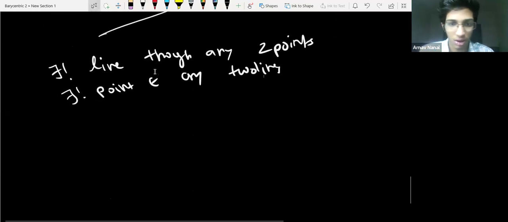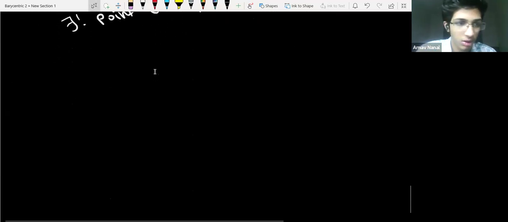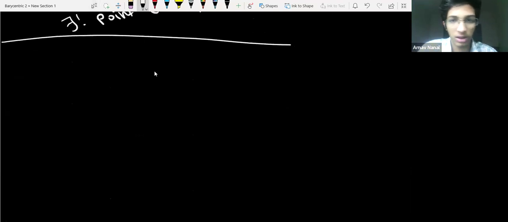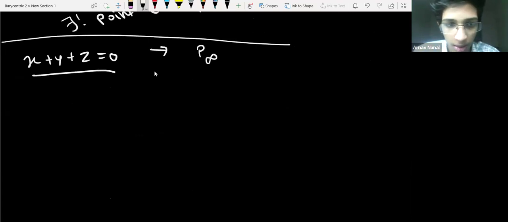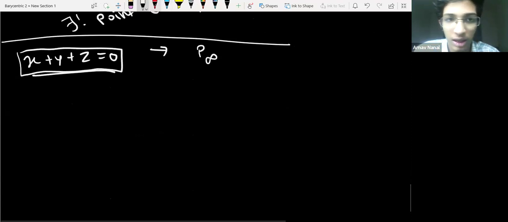So now I'll define this in the sense of barycentric coordinates. In this system, x plus y plus z equal to 0 you define as the line at infinity.